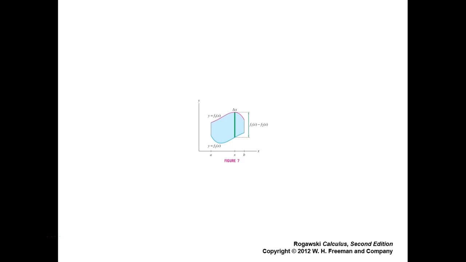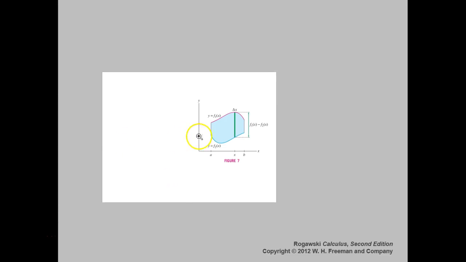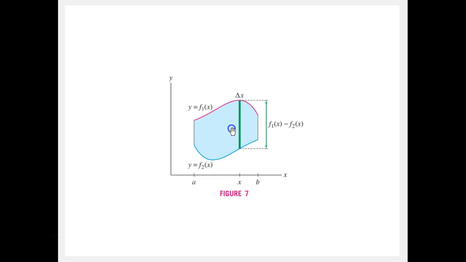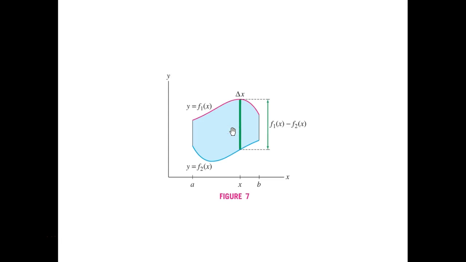More generally, if a laminar occupies a region between the graphs of two functions, f1 and f2, over some interval a to b, like this is showing, notice your left and right boundaries of this thing are not functions, it's just x equal a to x equal b.